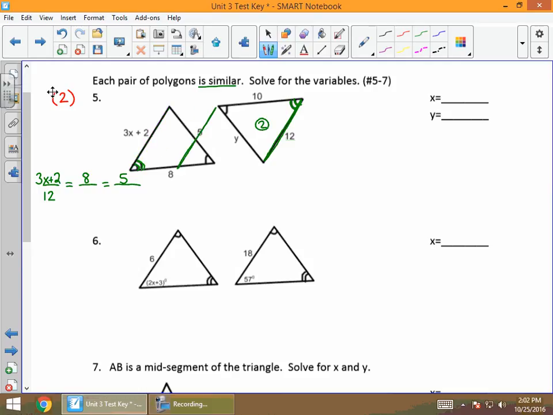Okay, and we do the same thing here. 8 is next. So 8 is connecting 2 angles. It connects the single and the double. So here's the single mark angle, and here's the double mark angle. So let's go over here. Here's my single mark, here's my double mark. I connect those 2 angles. Now 8 will be over top of 10.